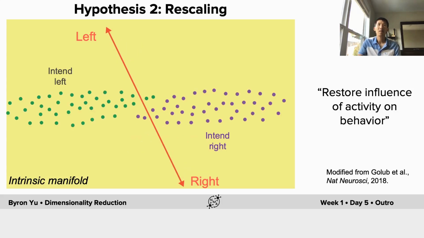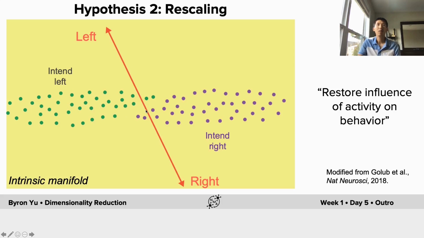The second hypothesis is called rescaling. You can think about this as restoring the influence of neural activity on behavior. Under the original mapping, neural activity changes along this horizontal axis would have had a large impact on cursor movements.